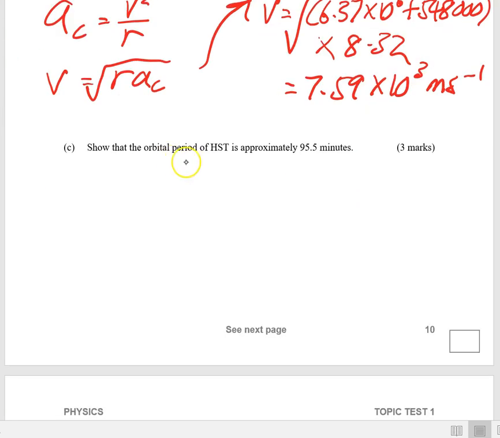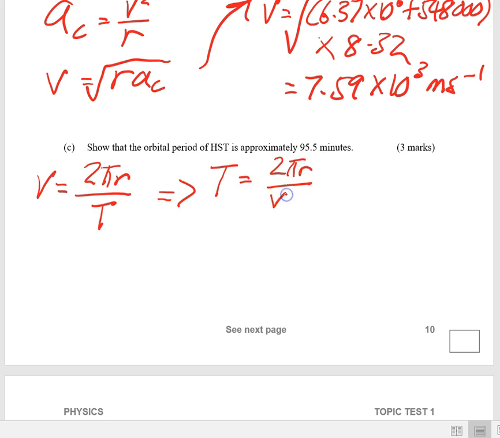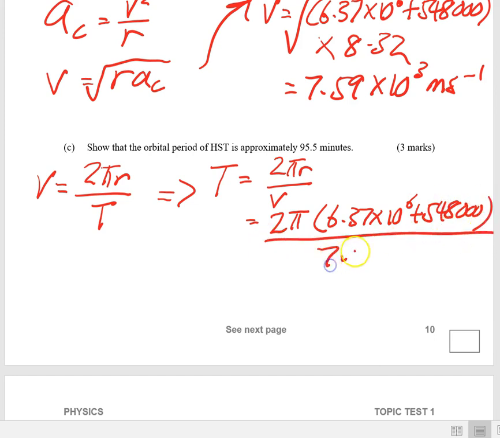Move on. Show that the orbital period is approximately 95.5 minutes. You can use the circular motion formula. From the speed, I can calculate the period, which is 2 pi r over v. So I put in over here. r again is the tricky one. It's a long term, but I still have to write it down, divided by the speed just calculated.